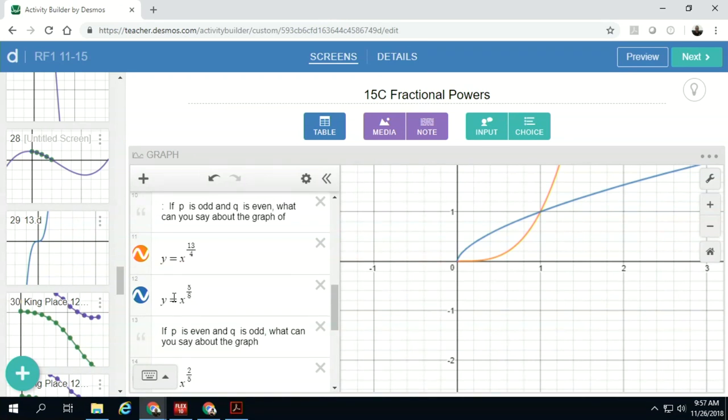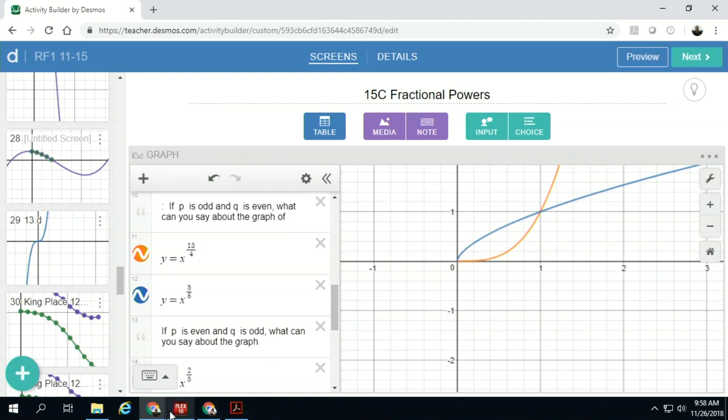Notice we only have to be in the first quadrant, correct? If the numerator is bigger, it curves up. So x to the odd over a little even. And if the denominator is bigger, it curves out.